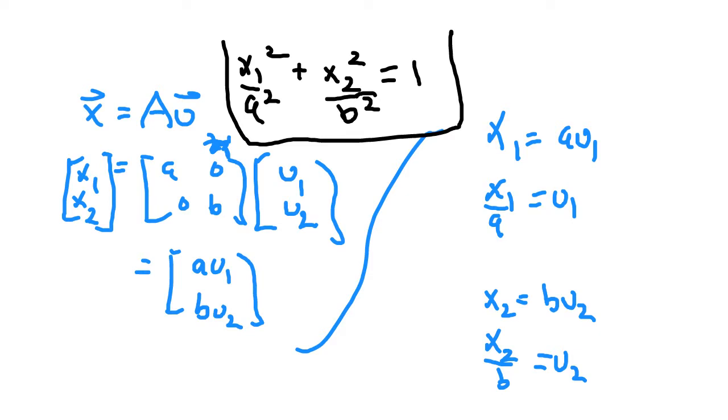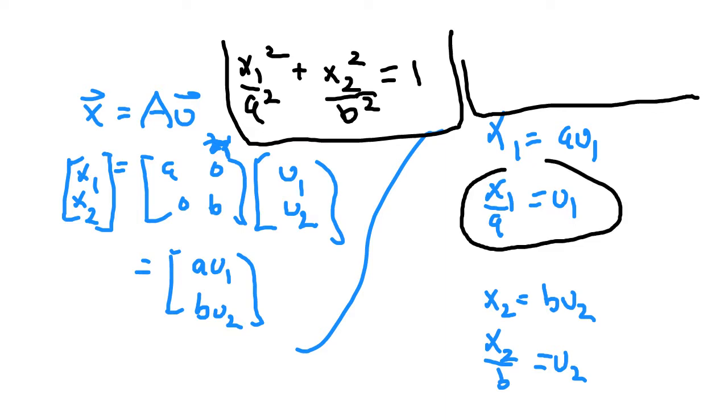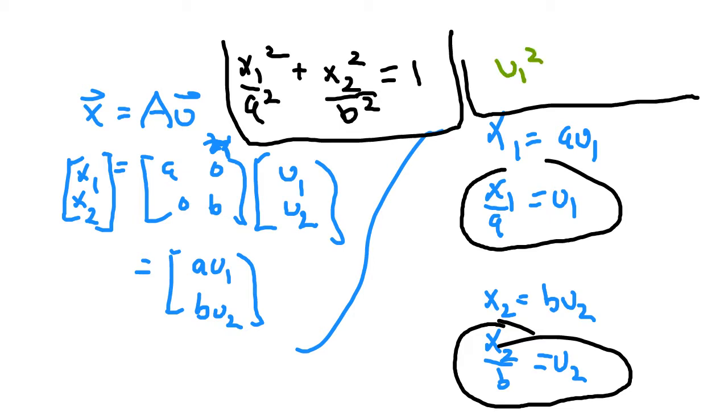But if you were to write that equation in terms of u, since u1 equals x1 over a and u2 equals x2 over b, you could write this equation as u1 squared plus u2 squared equals 1.